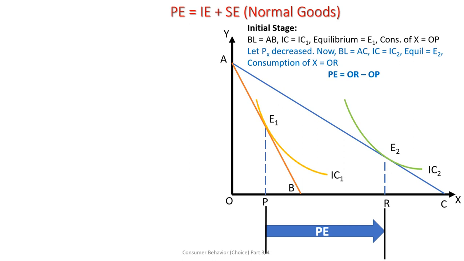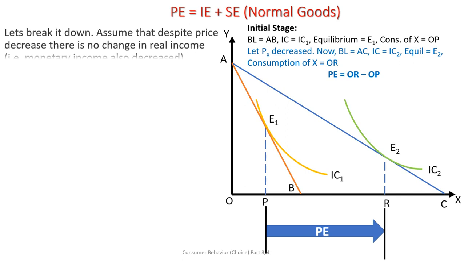Now let's break it down into substitution effect and income effect. For the substitution effect, let's assume that despite the price decrease, there is no change in real income. In this case, the budget line will no more be AC. In fact, the budget line will be FG.